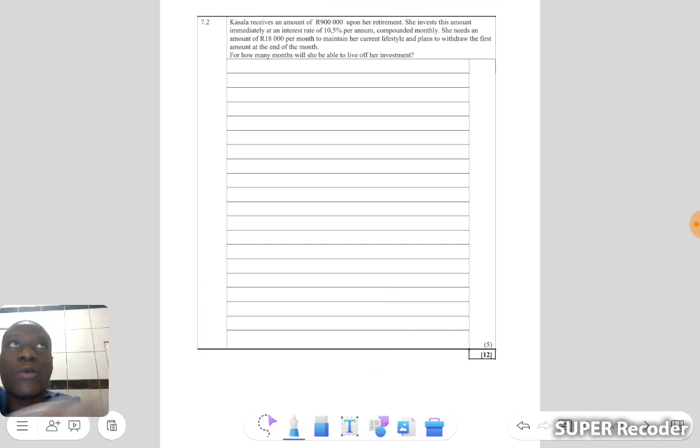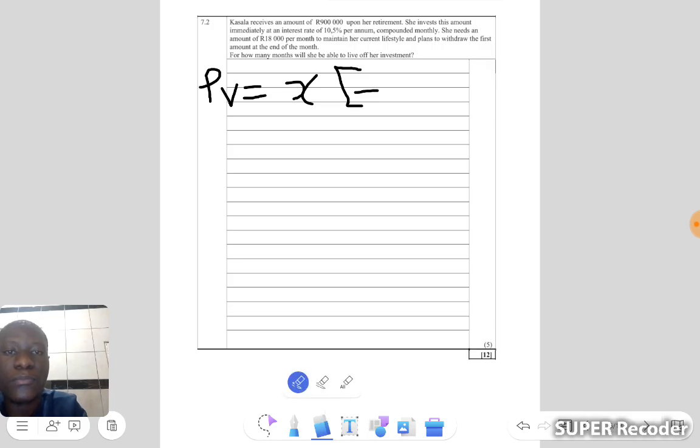Alright, here we're going to use the present value formula. It goes like this. The present value is X, similar a little bit to the future value one.